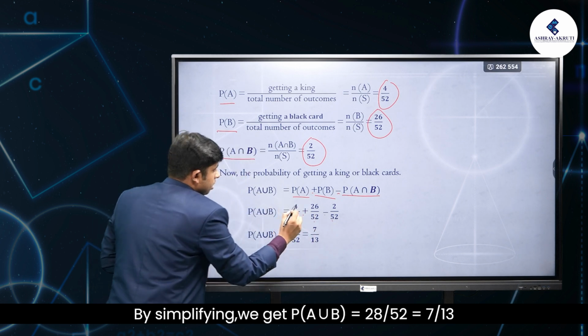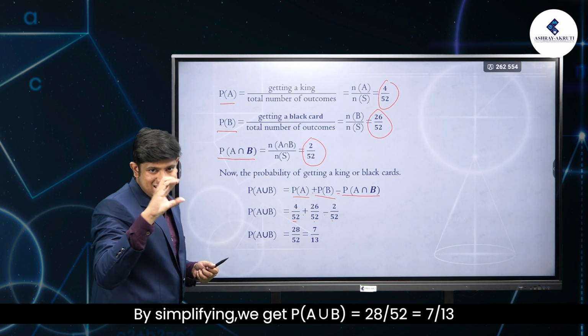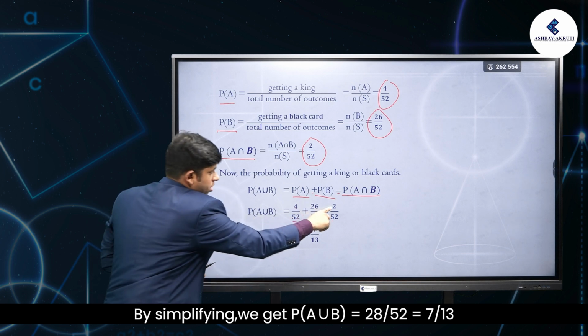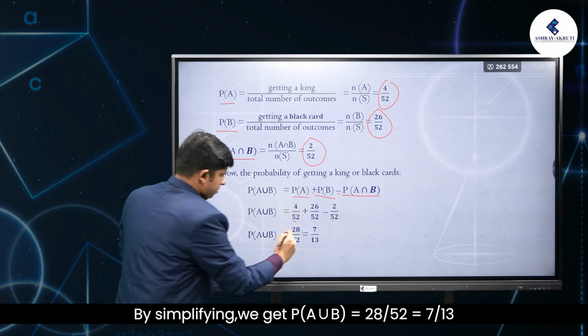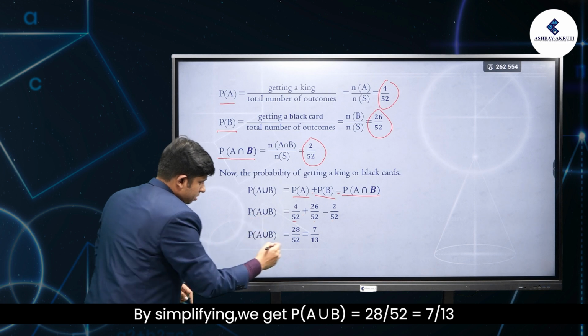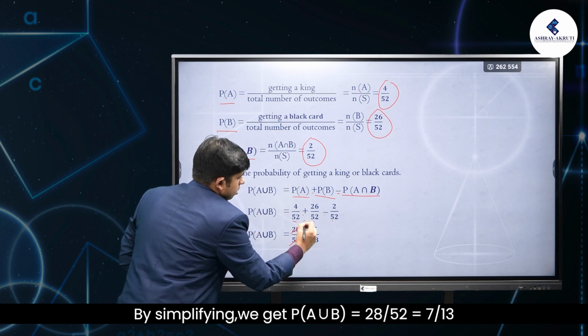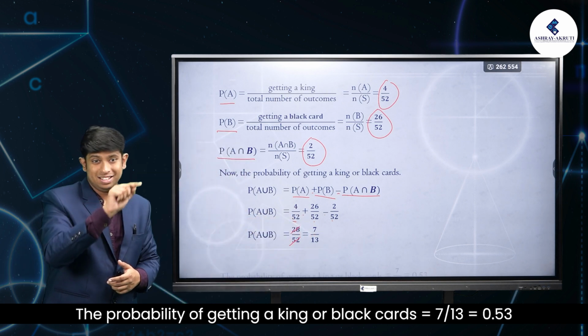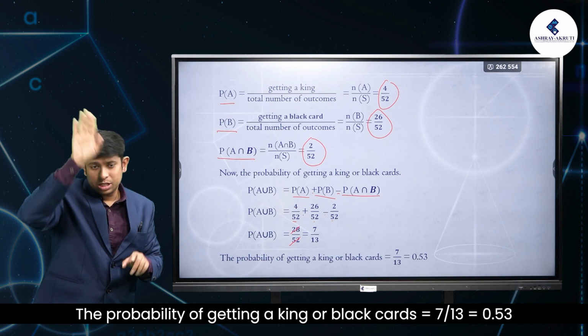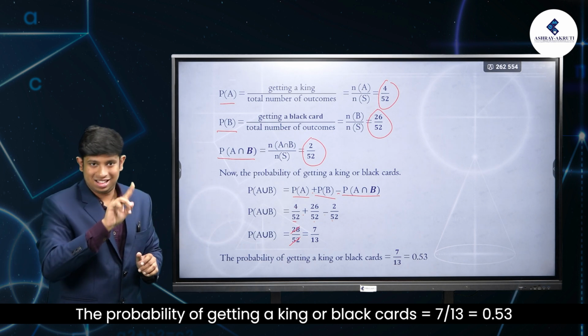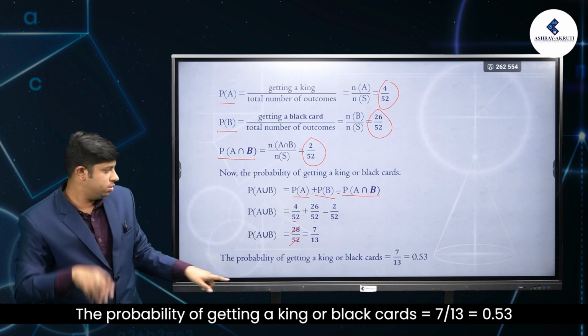By simplifying, we get P of A union B is equal to 7 by 13. Therefore, the probability of getting a king or a black card is 7 by 13, that is equal to 0.53.